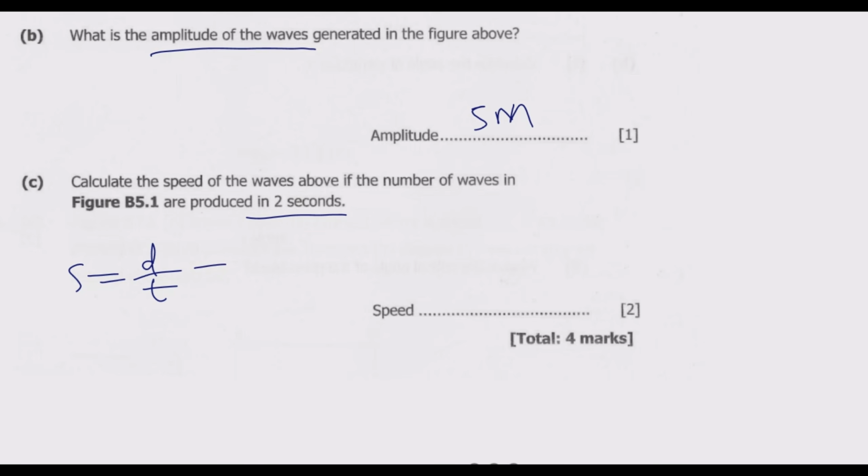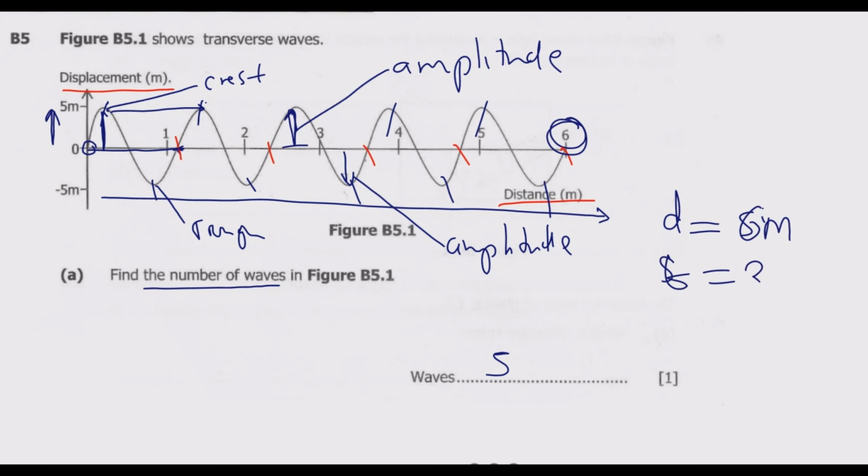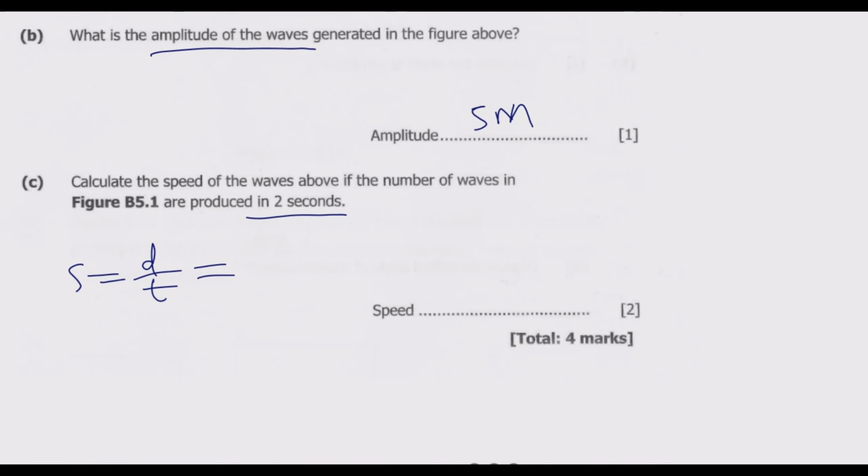The total distance traveled by these waves is equal to 6 meters. Then time we're told is 2 seconds. So this makes it easier. 6 meters over 2 seconds, we end up with 3 meters per second.